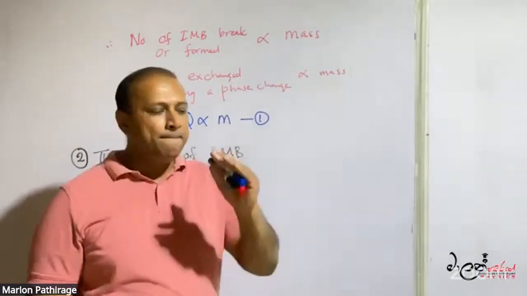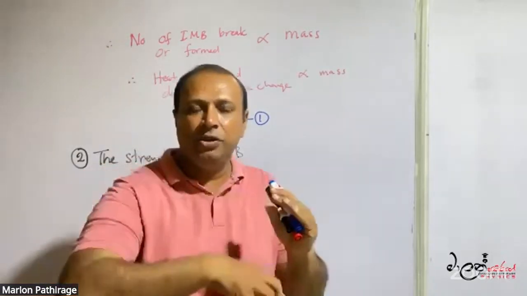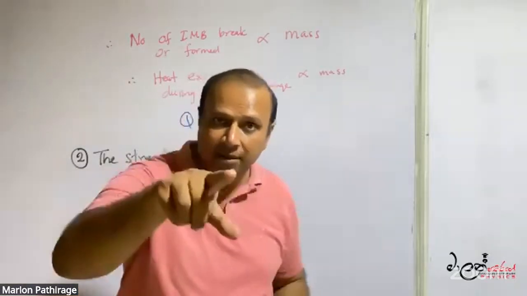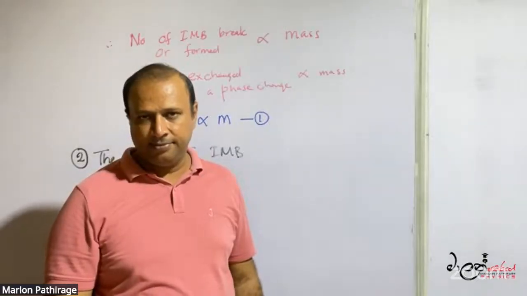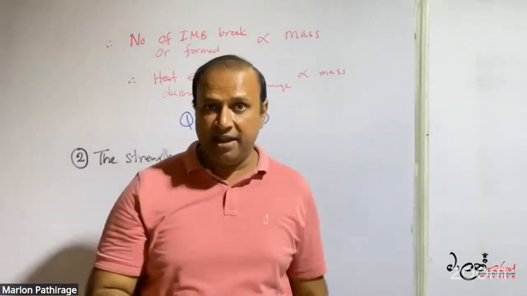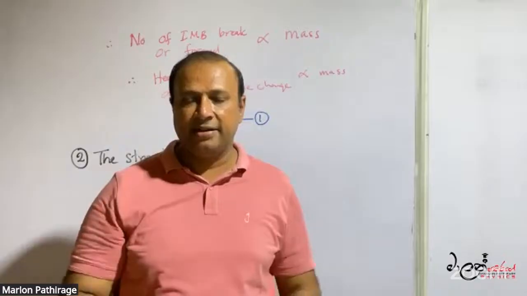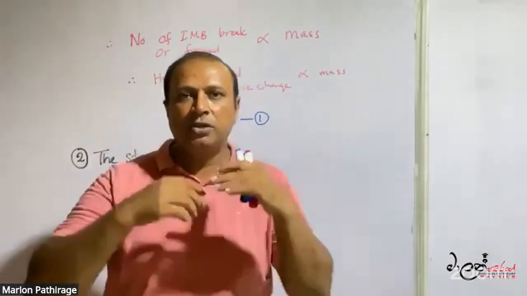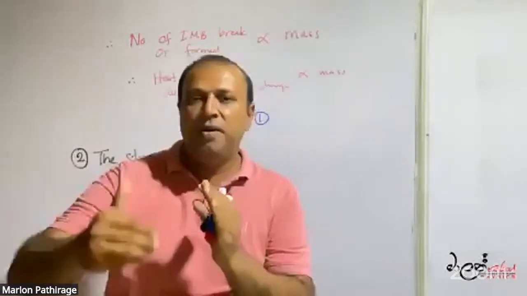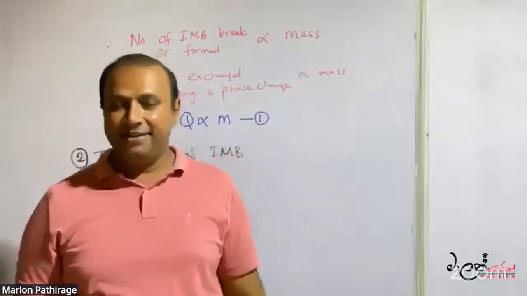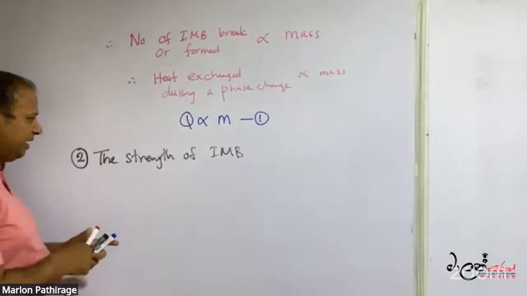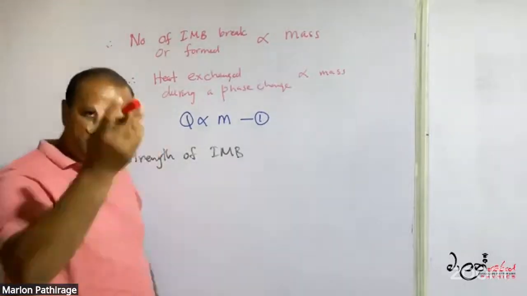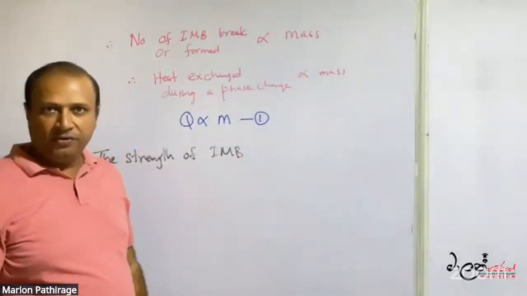Therefore, material to material, the strength of intermolecular bond varies. As a result, the absorption or releasing of heat depends on material. Therefore, when the strength of intermolecular bond increases, Q increases.